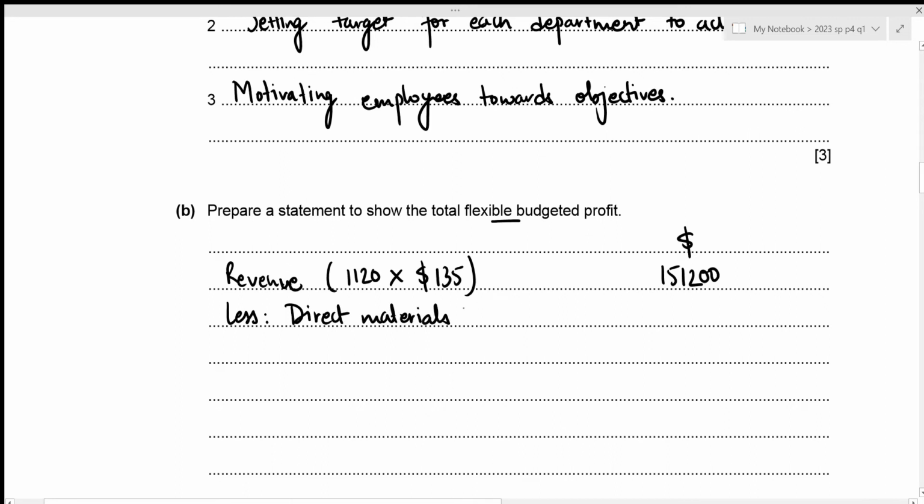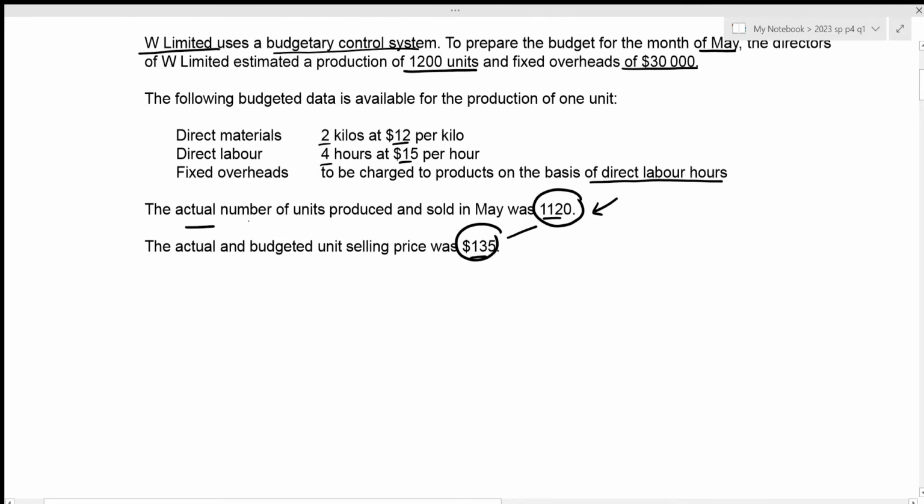Again, we already have our number of units, which is 1120. So now we just need to figure out the direct materials cost per unit. Let's have a look above. We are told that each unit requires 2 kilos of direct material and the rate per kilo was 12, which means that the per unit cost of direct material is just going to be the product of these two numbers. So that will be 2 times 12, which results in 24.